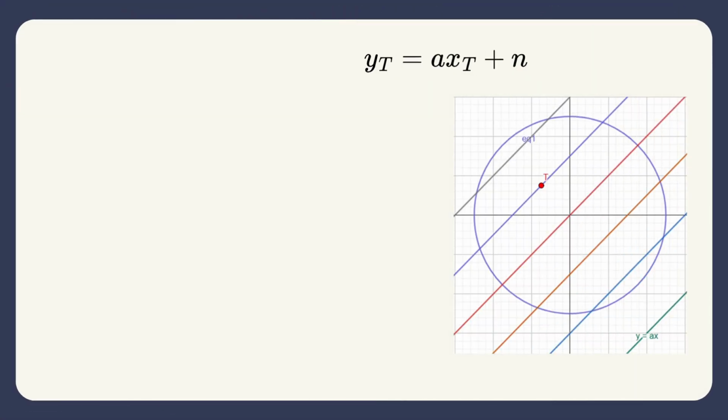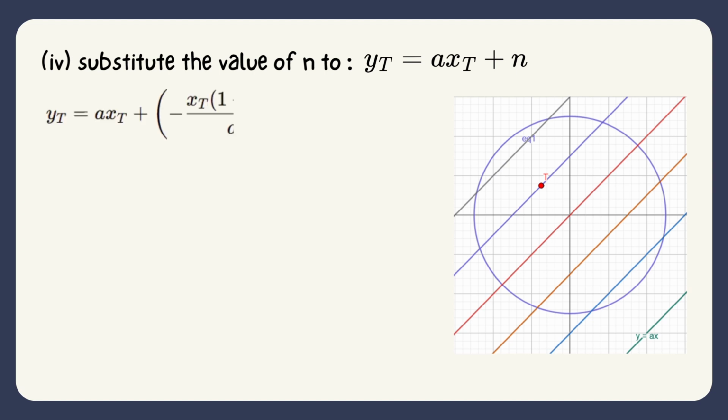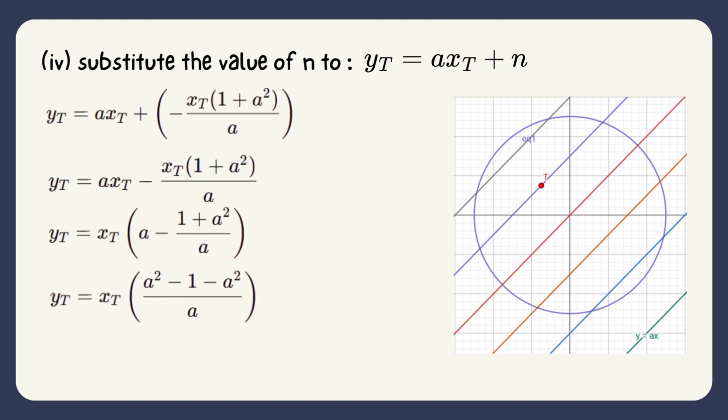Then we substitute the value of n into yt equals axt plus n. Yt equals axt plus (negative xt times (1 plus a squared) divided by a). We do algebra and we get yt equals negative xt divided by a.